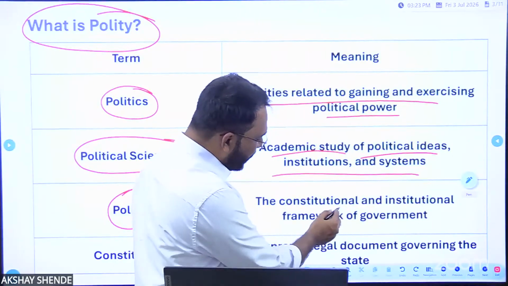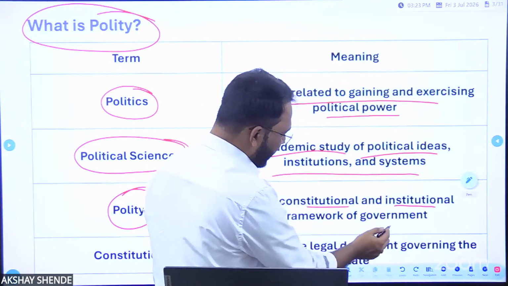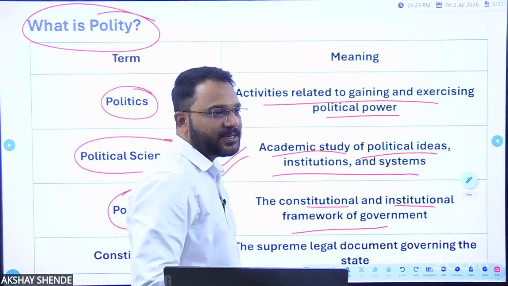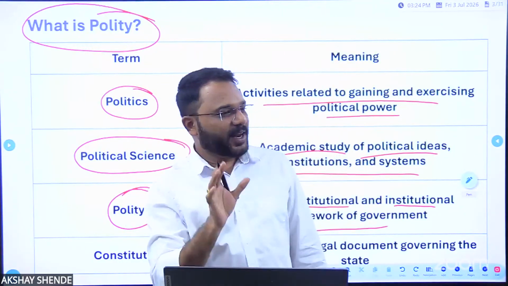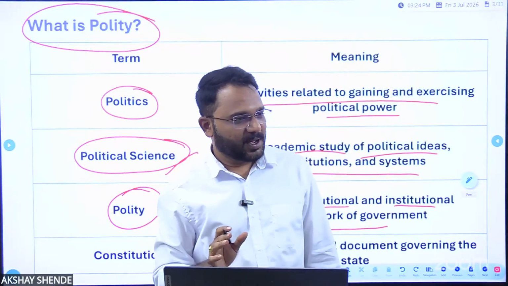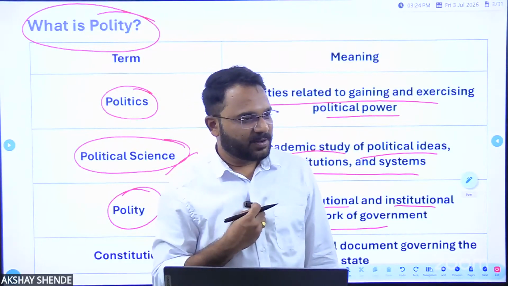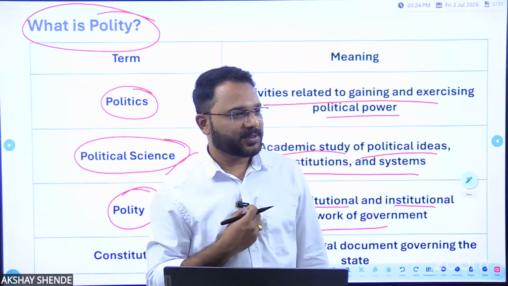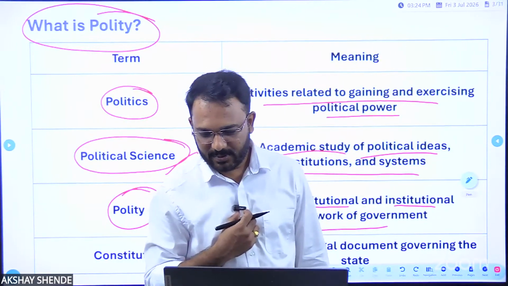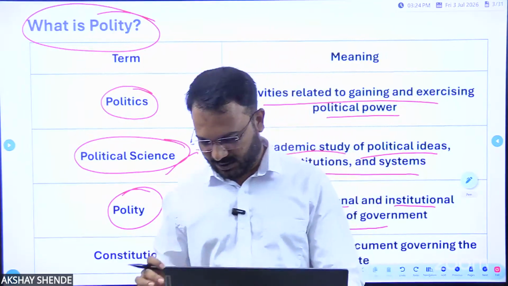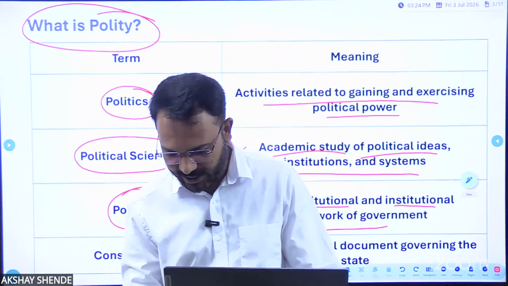The constitutional and institutional framework of the government. If there is a nation, we have our nation. The name of our nation is India. And we have two names of our country.